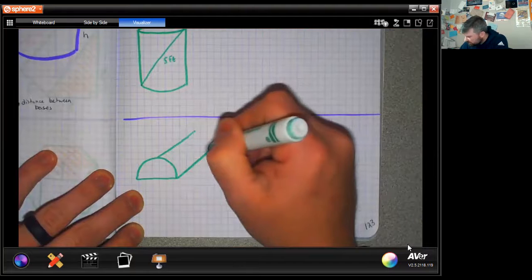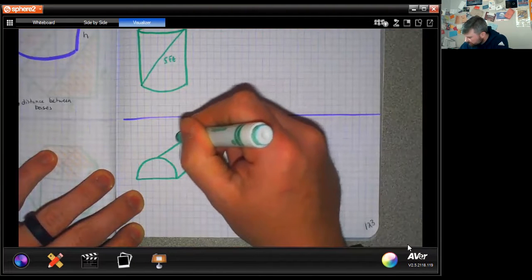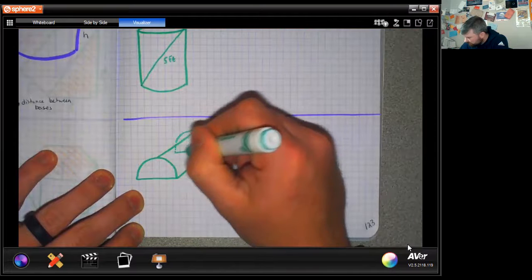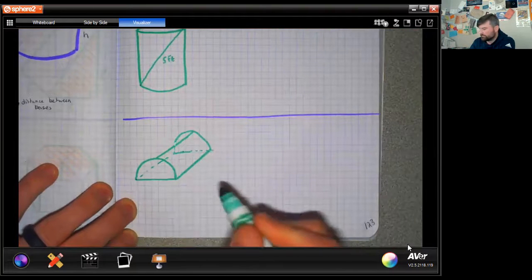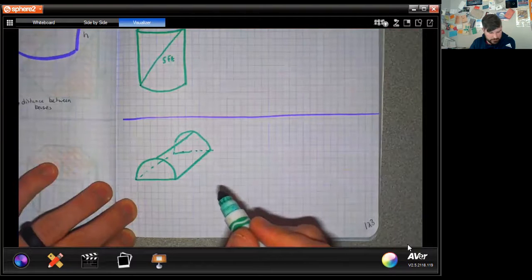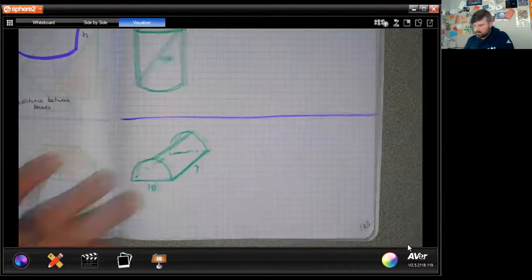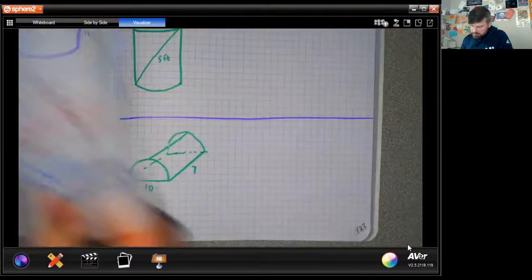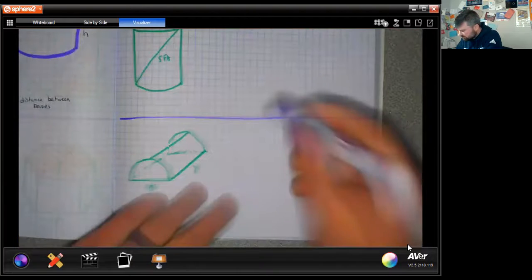And then this arcs up here, arcs down and dotted. Okay. This is 10, and this is 7. Okay, so we're going to look at surface area and volume of each.